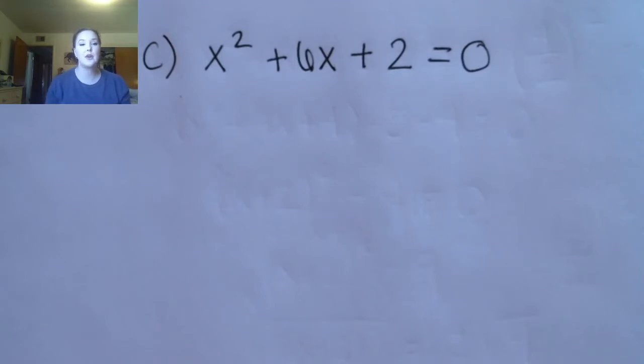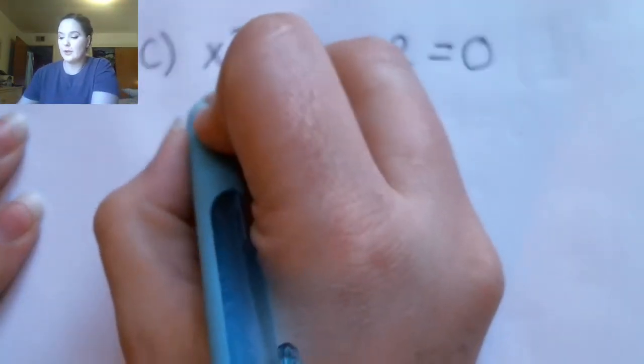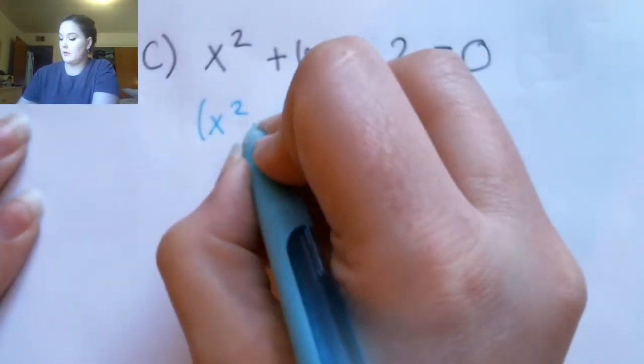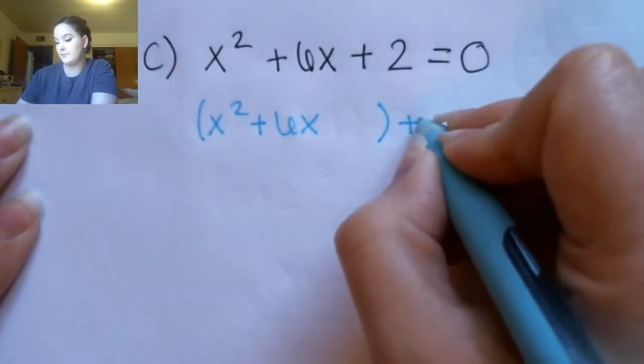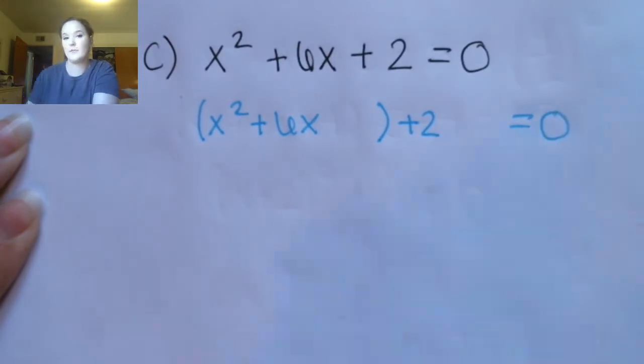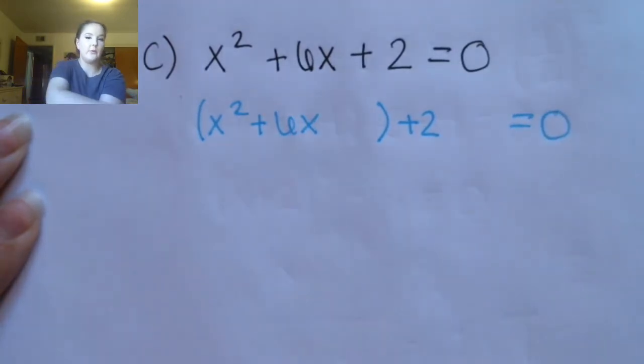So if you go back and try those examples, you can see that you would be able to solve those two by factoring, but this one is actually not something that you can solve using factoring. So the first thing we're going to do is group our terms, and then we're going to figure out what we need to add.